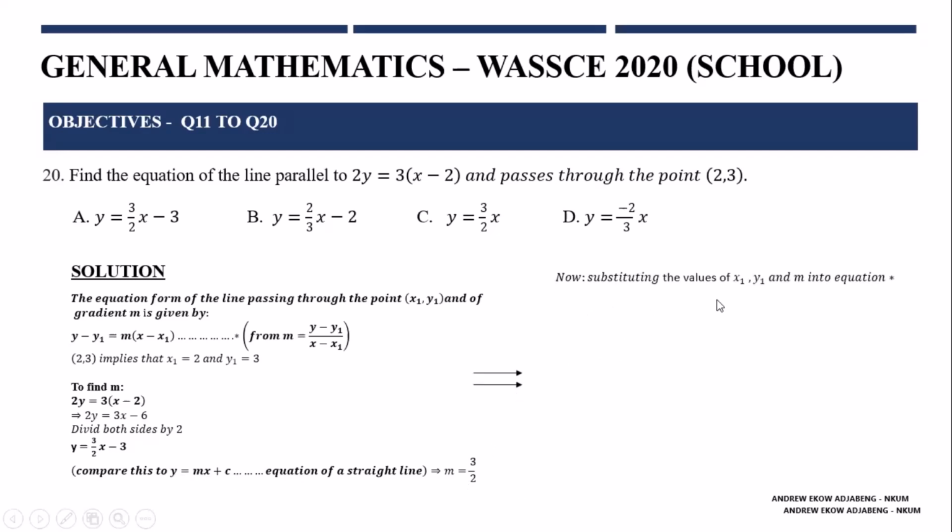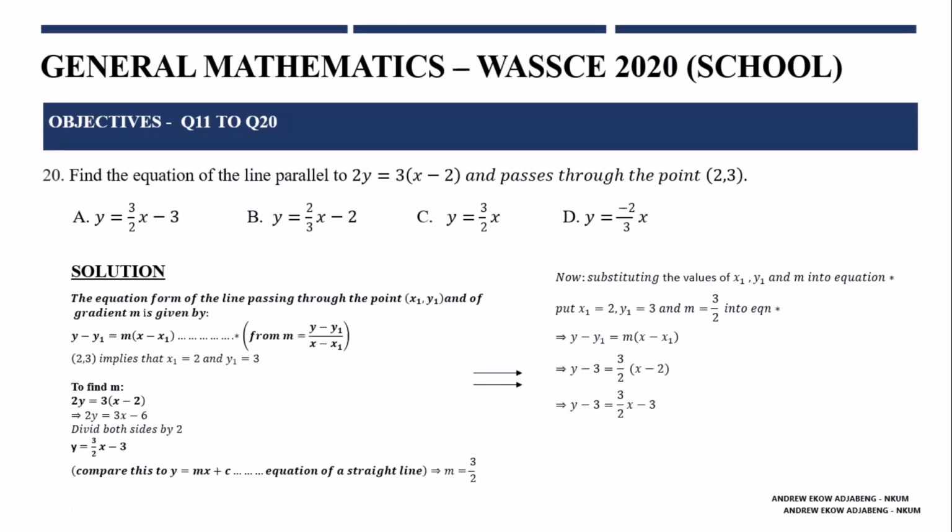This will imply that we can now substitute the values of x1, y1, which is 2, 3, into the equation. In the first equation that we record, our value now is y minus 3 equals 3/2, which we found as the new gradient, times x minus 2. Then that means that we can now solve and simplify. So here, y minus 3 equals 3/2x minus 3.